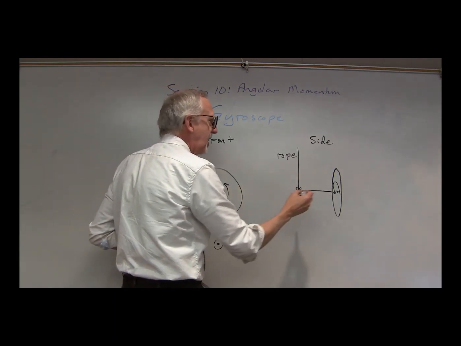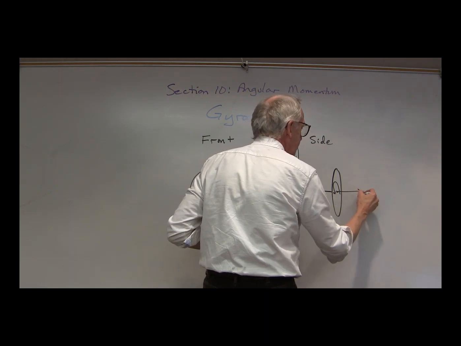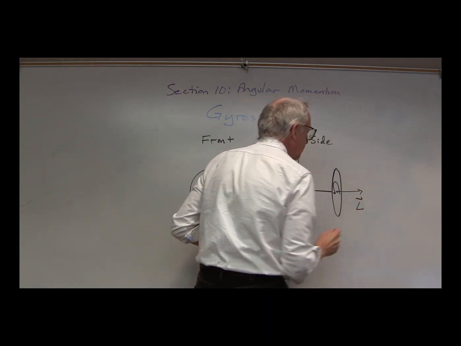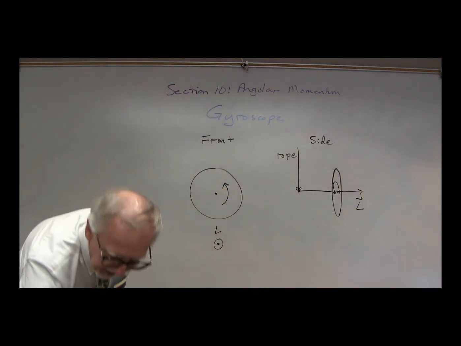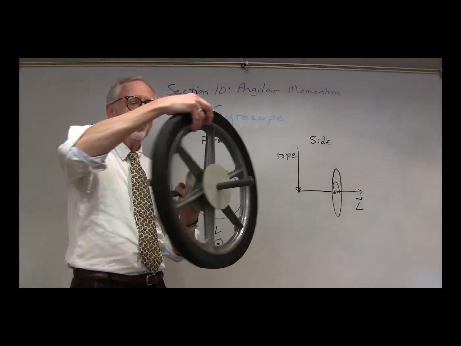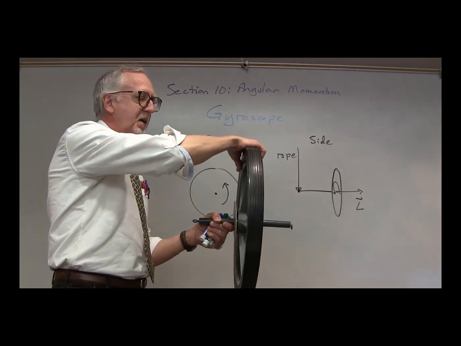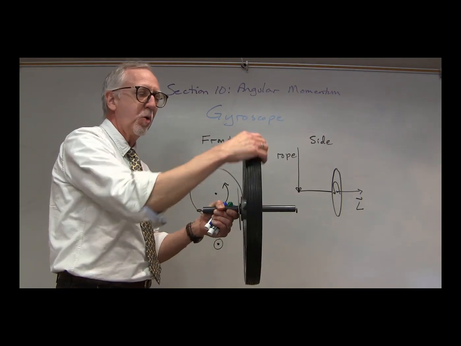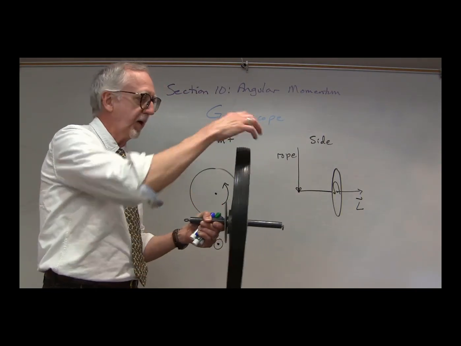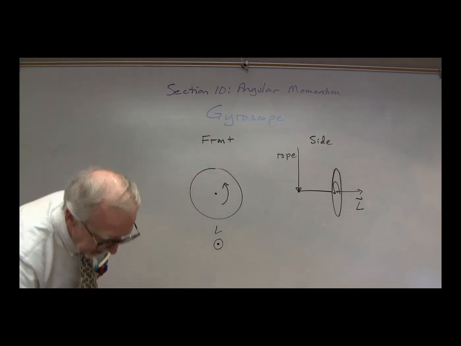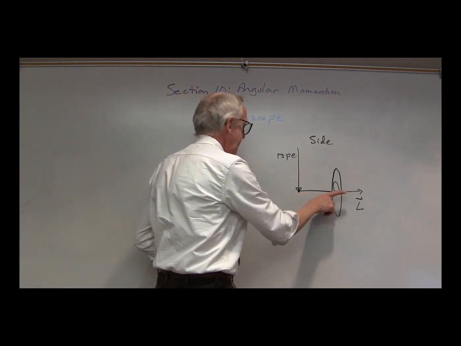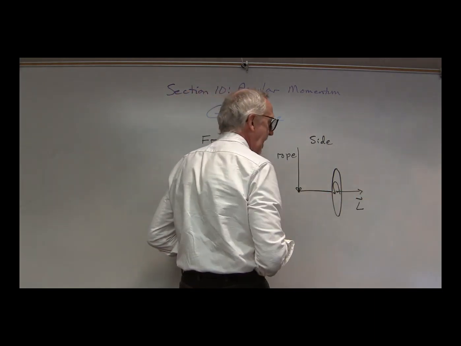Looking at it from the side, L then points that way. If we look at it from this direction, here it's rotating this way, and we look at it from the side here, the front is moving towards us and then down this way. So the rotation is in this direction. The angular momentum will be that way.